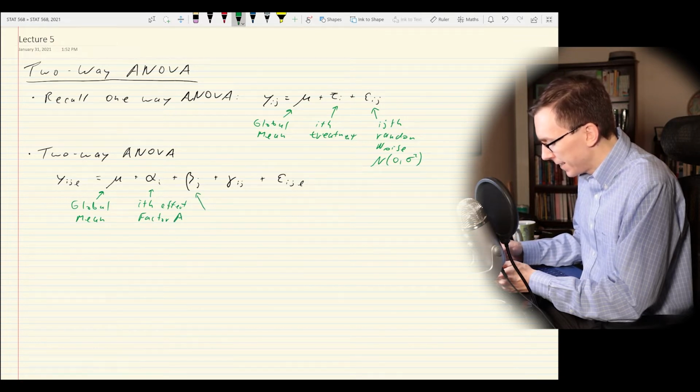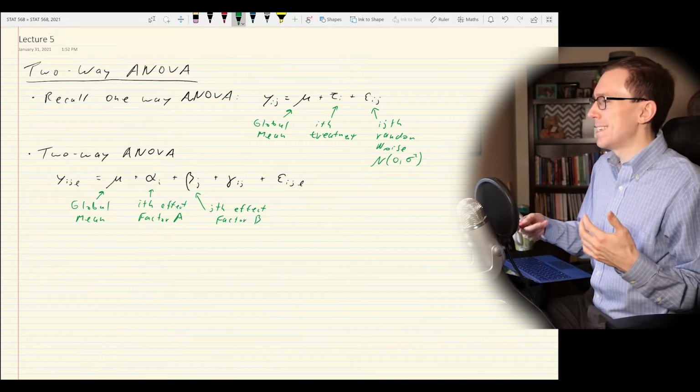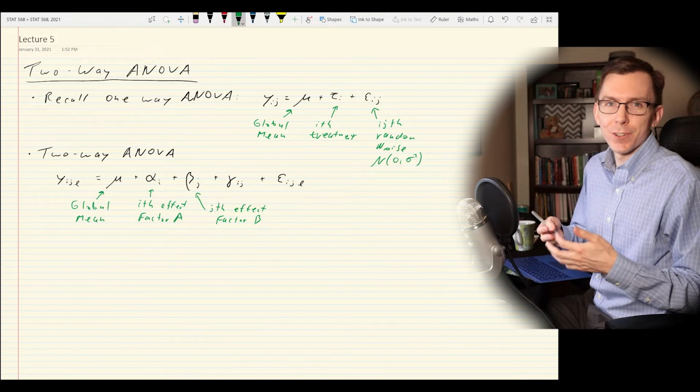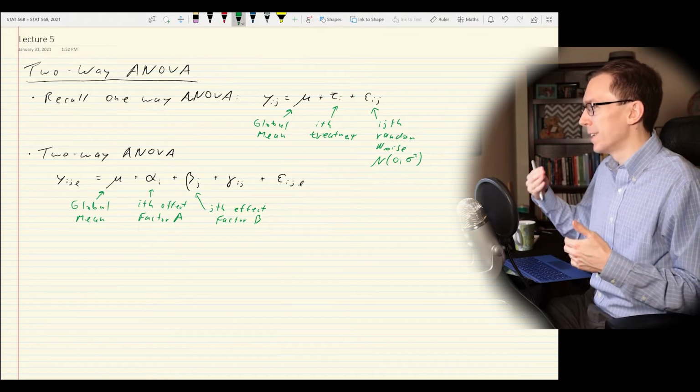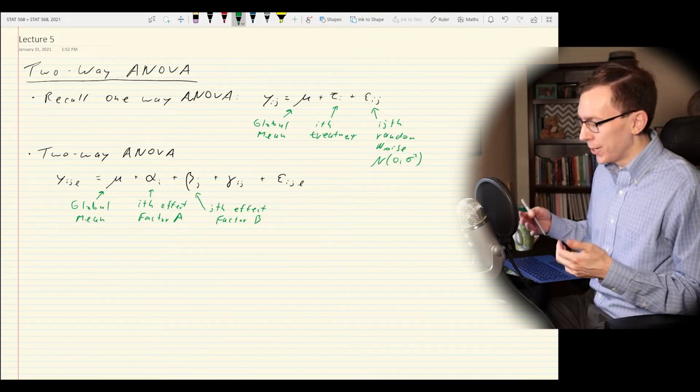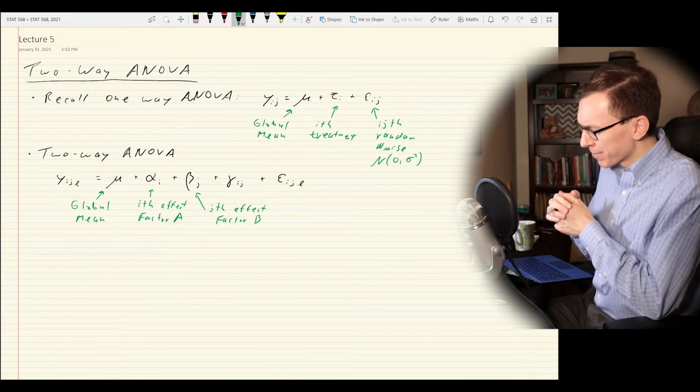For beta, it's going to be the jth effect for factor B. So again, you can think of factors A and B as, say, maybe the dosages of a certain medicine or the amount of additives put into the soil if you're studying agriculture.